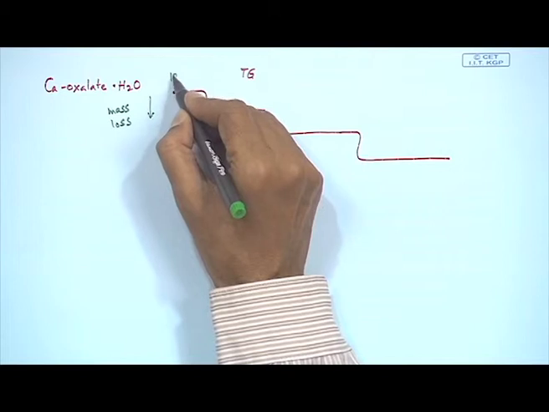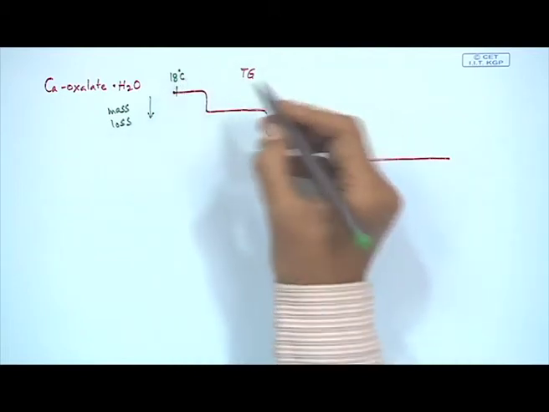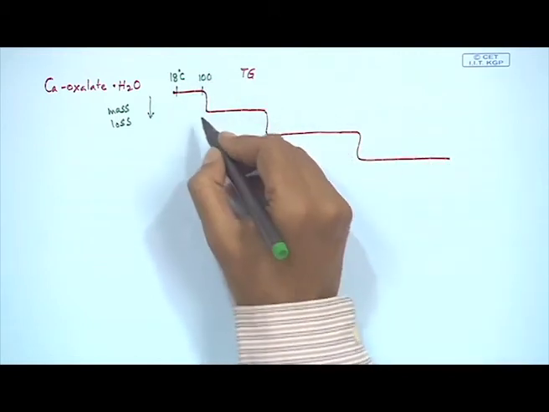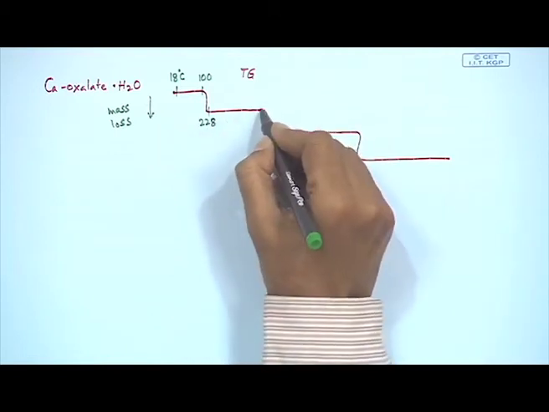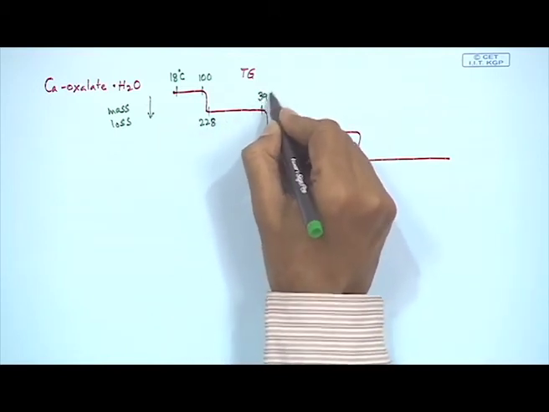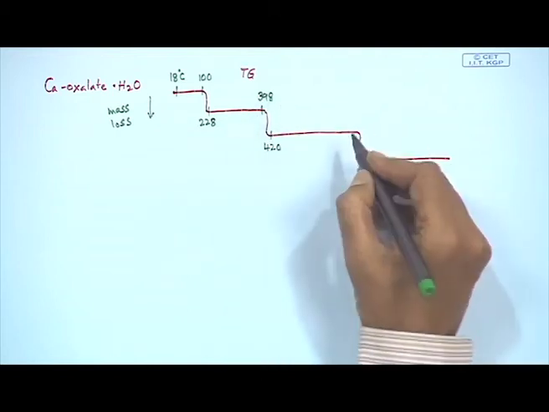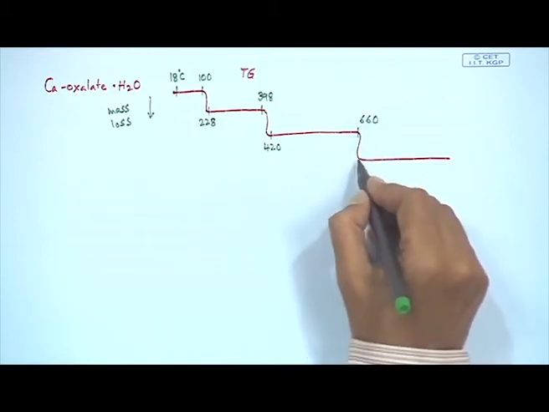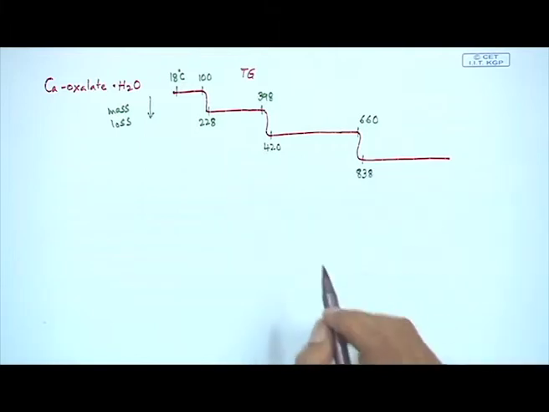If we start from the room temperature, which is 18 degree centigrade, all will be in degree centigrade, then next is 100, then it is 228, it is 398, it is 420, then it is 660, then it is 838 and so on.